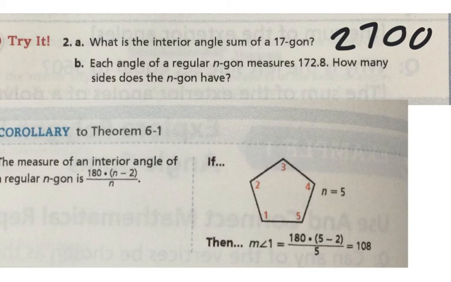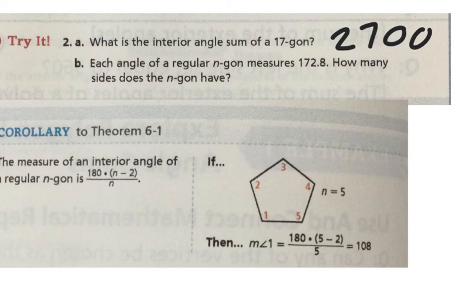If I plugged in a 5-sided pentagon, 5 minus 2 is 3. 3 times 180 is 540. And then if I want to divide that 540 equally, I would divide by 5 because there are 5 angles in the pentagon. So that's why I'm just dividing by n, not by n minus 2. For every side, there's an angle that goes with it.